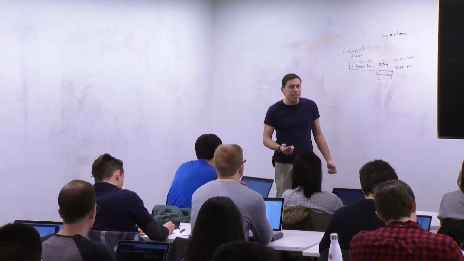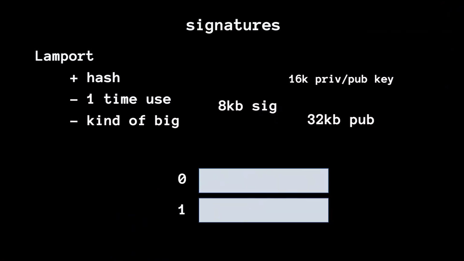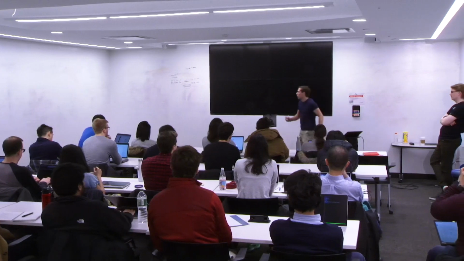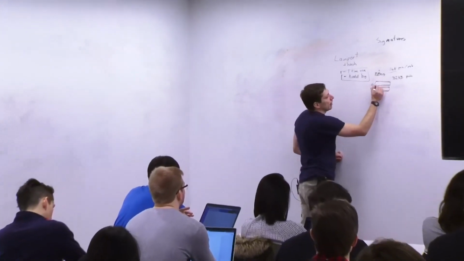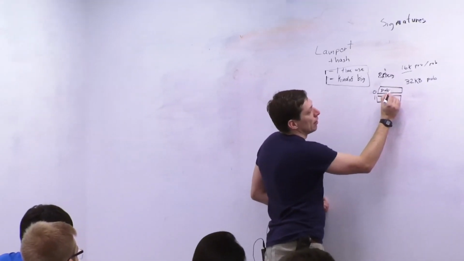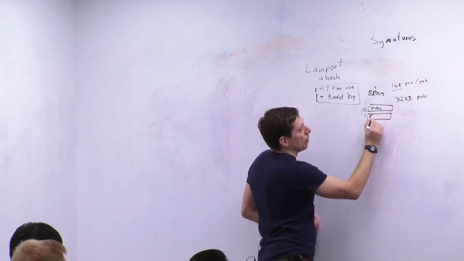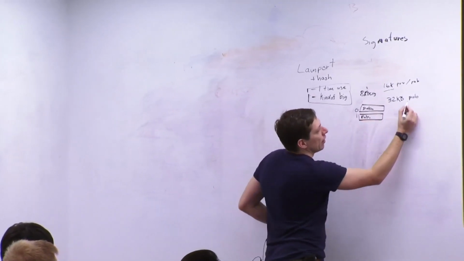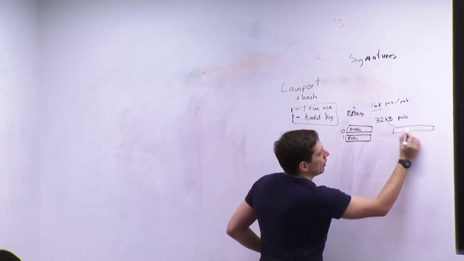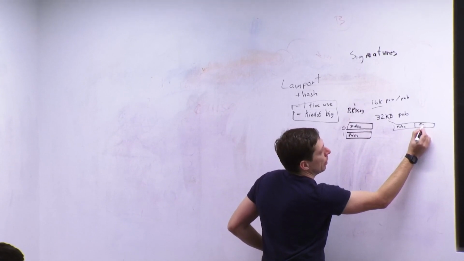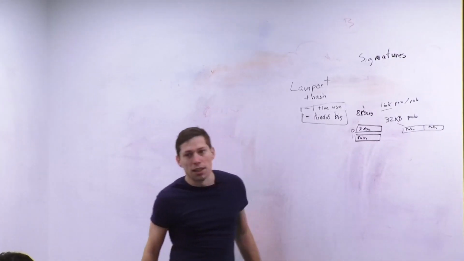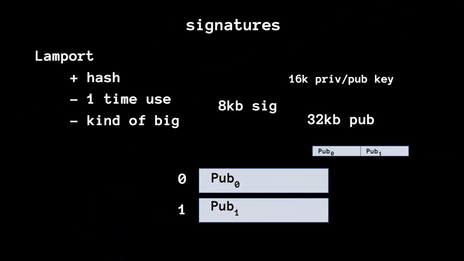Any clever ways to do it more efficiently? I'll give you a hint. In this case, let's say this is pub sub 0 and pub sub 1, and then your 32-kilobyte public key is just them concatenated together, pub 0, pub 1. What would happen to the private keys in this case?